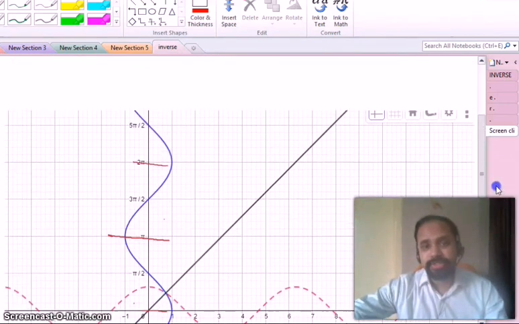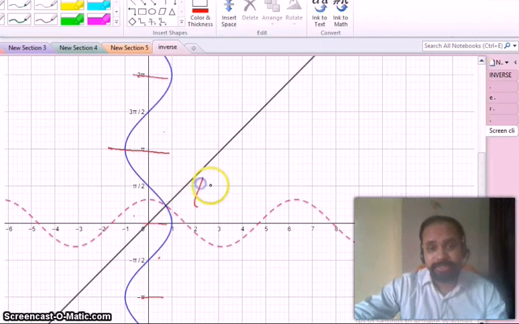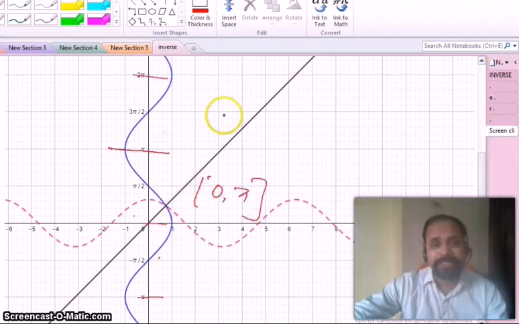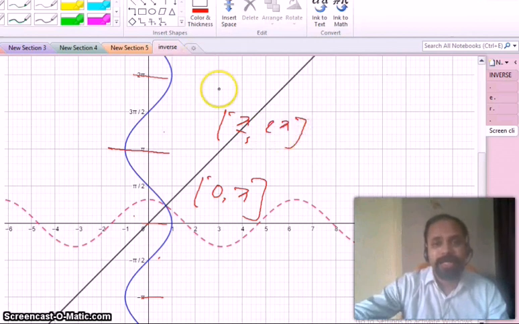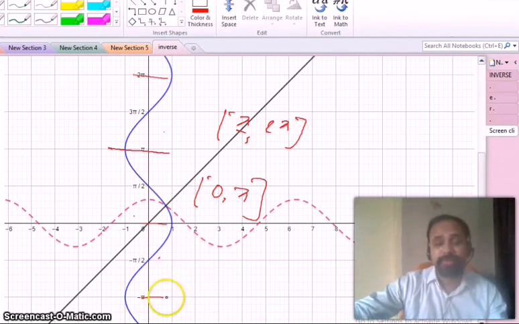So the intervals are 0 to pi, then pi to 2 pi, then 2 pi to 3 pi, and so on.